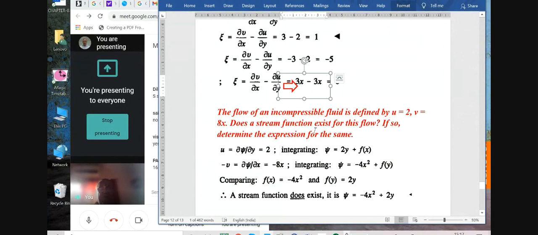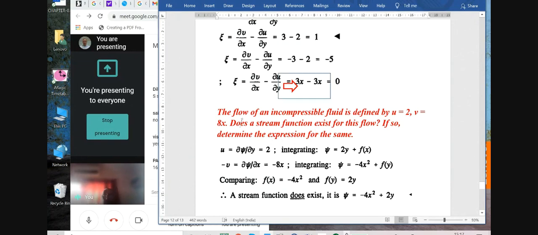Does a stream function exist for this flow? If so, determine the expression for the same. So, this is the problem. All of you note the problem. U is equal to 2 and V is equal to 8x.